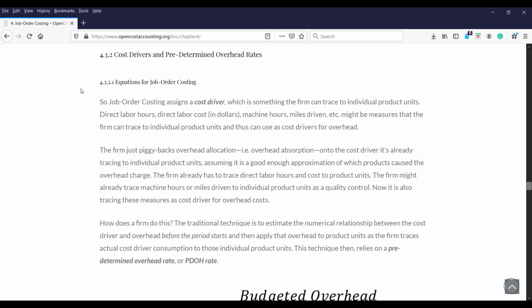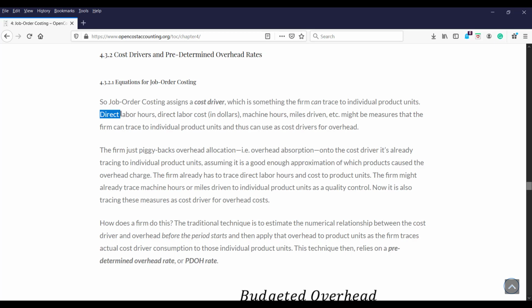And so in that case, we could use direct labor hours as a cost driver, because we can trace that to individual product units. Direct labor hours, the name direct here means that by definition we can trace it. Otherwise we wouldn't call it direct. If it's direct labor, we can trace the hours to individual product units.